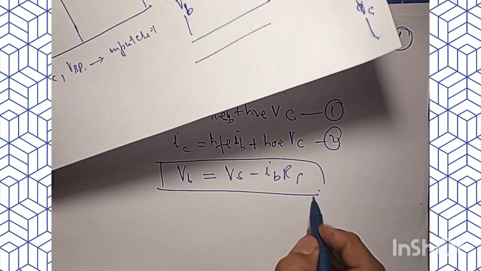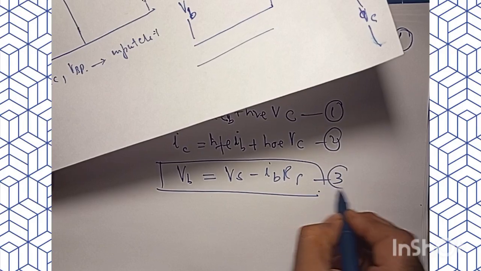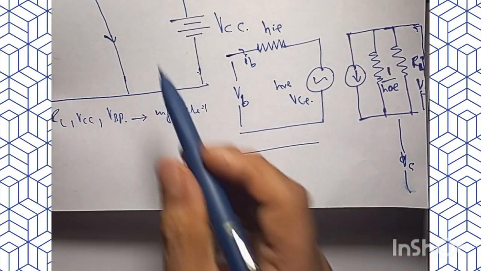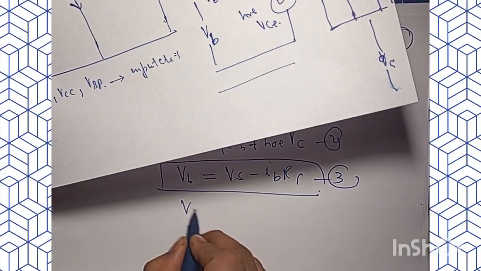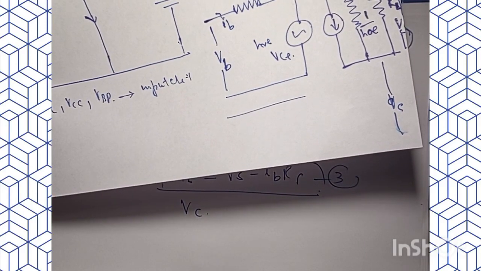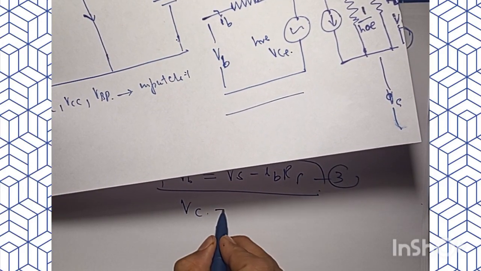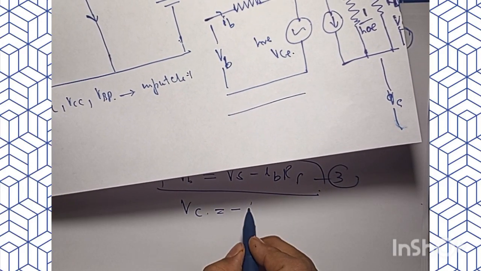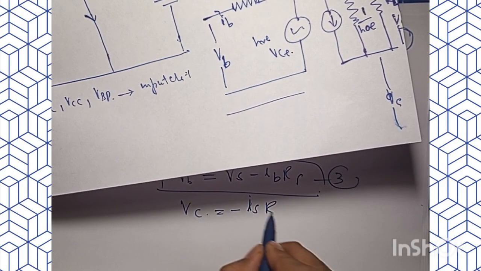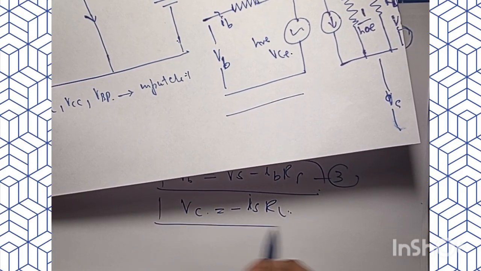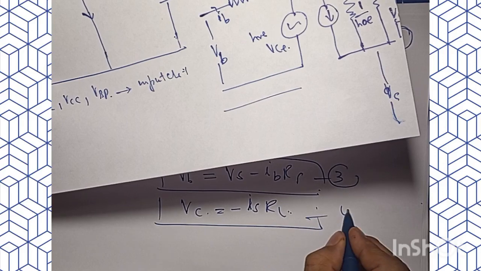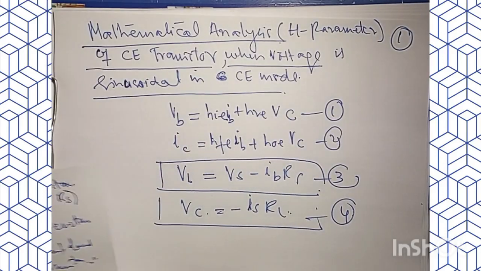I'll call this equation 3. Then the output of this circuit will give me VC, which I can write in terms of RL as minus ISRL. This is my equation 4.